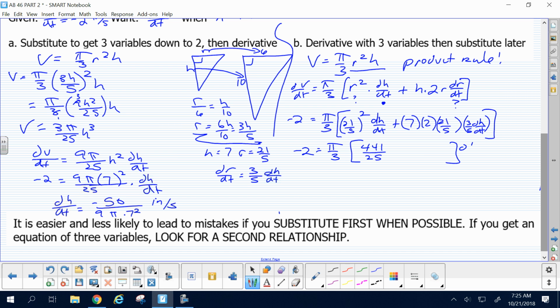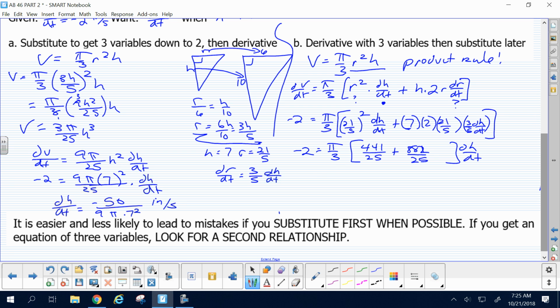I'm going to pull the dH/dt outside plus, my goodness, let's see, 882 rather, over 25. I hope that's right. I know that 7 times 3 is 21. 21 squared is 441 times 2 is 882 over 25.